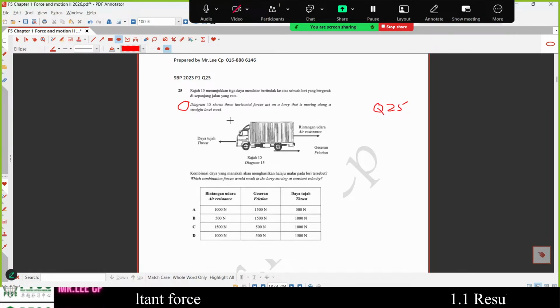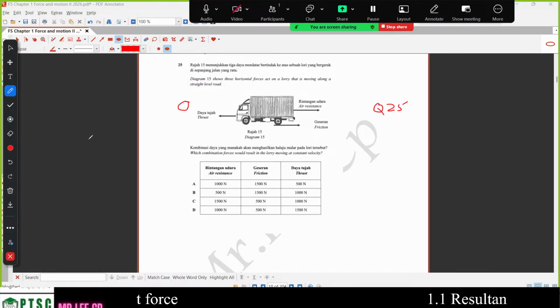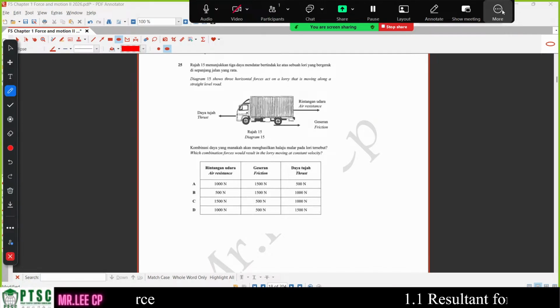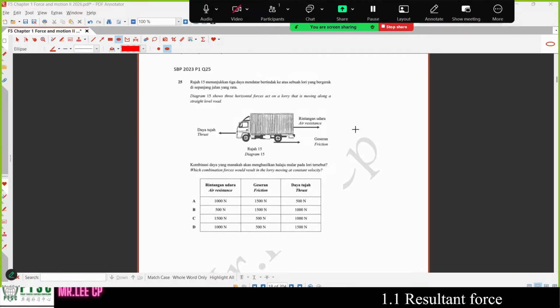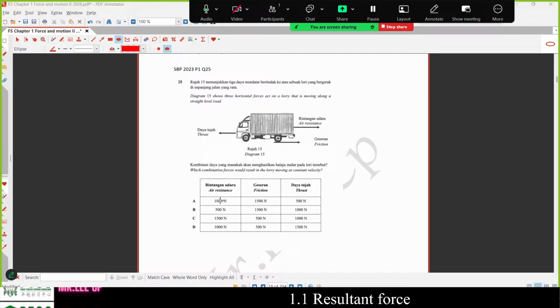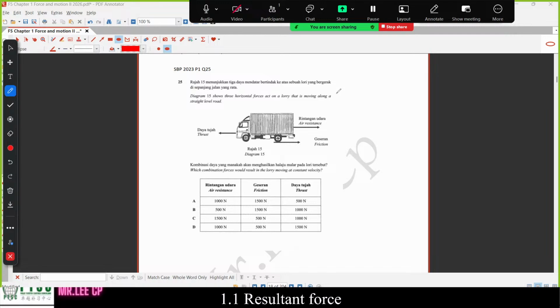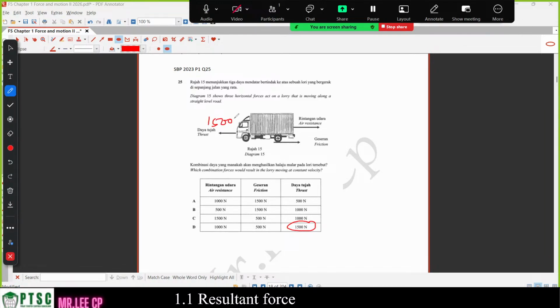All right, I'm back. So let's continue. Okay, now question number 25. The thrust here is 500, so this one is more. No chance. So we take D. Here it is 1500, thrust forward is 1500 Newton.